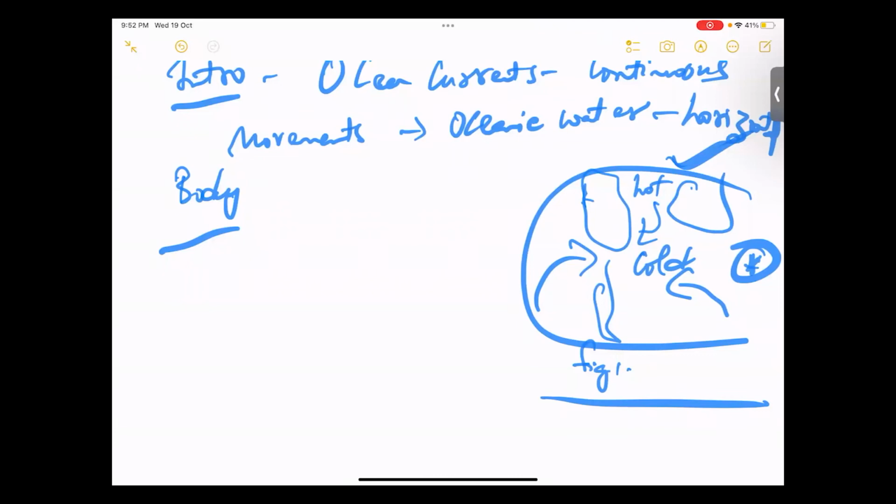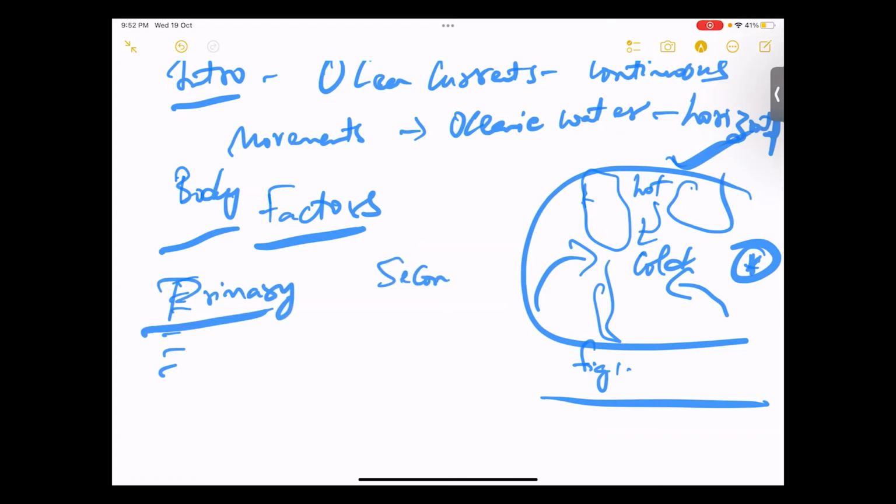So first, coming directly to the factors responsible for ocean currents. You can mention all the factors at one go, or as Rajni has given the breakup, it's a better way to give the primary factors and the secondary factors. What are the primary factors?